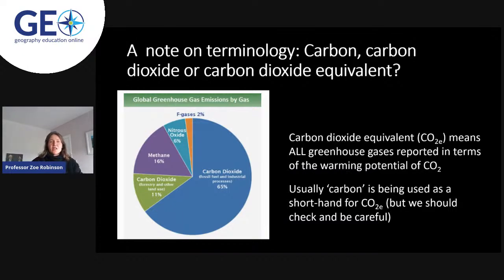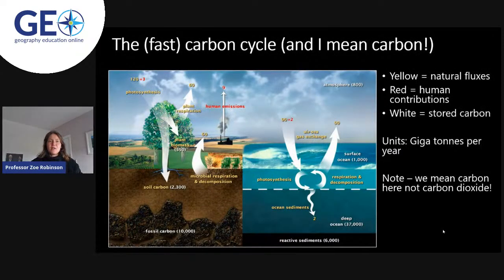Okay, so the next thing that I want to look at is the carbon cycle. And please note, when I talk about carbon, I mean carbon here, and carbon exists in many different forms in every part of the natural system, and it cycles between different stores within the natural system.